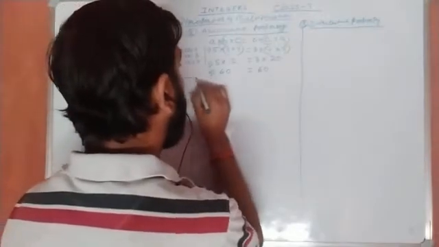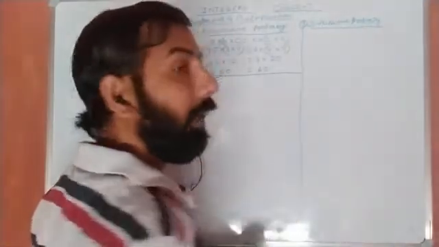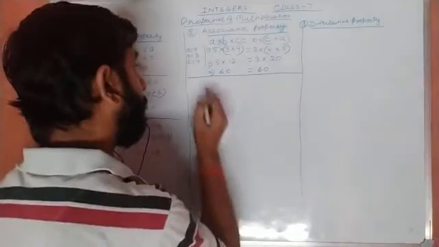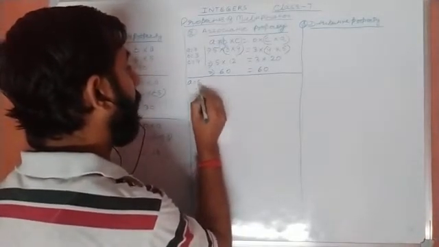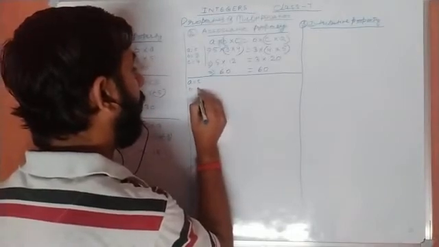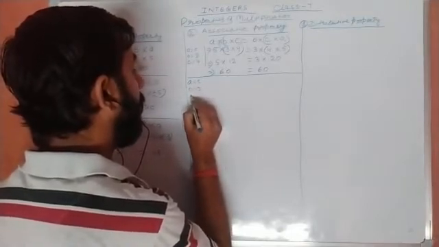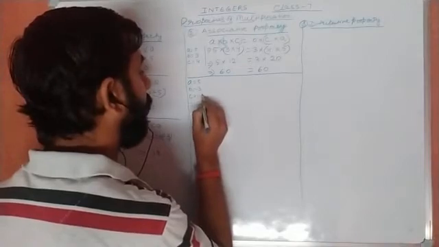Here was all about the positive signs. Now subtract the negative integers. A equals 5, B equals minus 3, C equals minus 4.